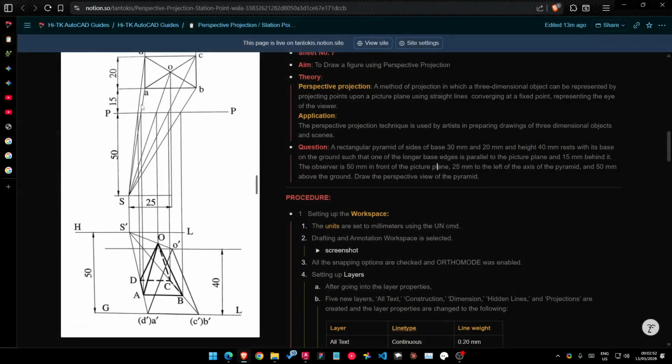Now project these 1, 2, 3, 4, and 5 downwards until they intersect with these 3 lines that I just talked about, which are S dash A dash, S dash B dash, and S dash O dash. When they intersect these till here, that's it. You get O where it intersects S dash and O dash. You get A, D, B, and C, and just draw.